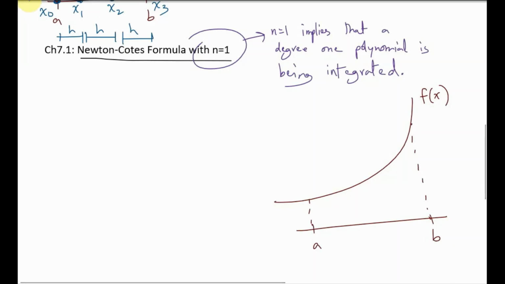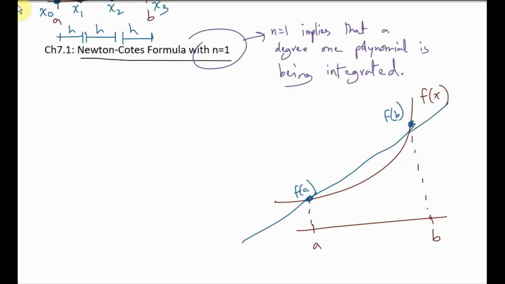What we're doing is, this is f of a, this is f of b, and we're essentially creating a polynomial. This polynomial is going to be something like this, right? And if we integrate this polynomial over the interval a, b, then we are finding this area under the curve.